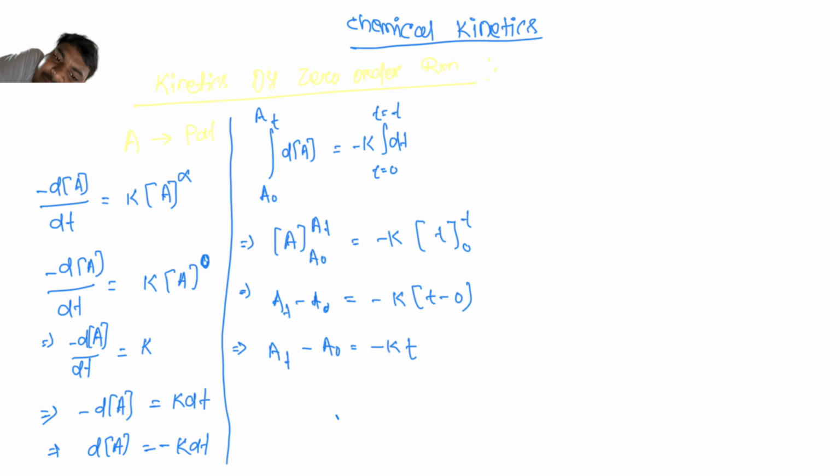So now I have to calculate half-life of zero order reaction. So what do you mean by half-life? Half-life means, let's say initially no reaction is happening, so I can say 100% of the reactant is still present.